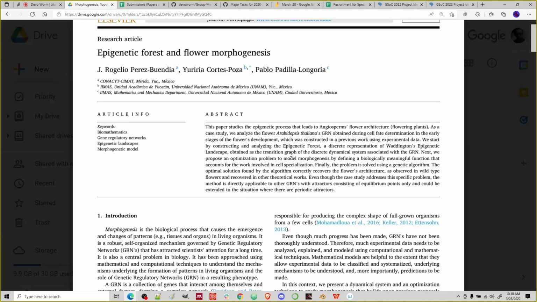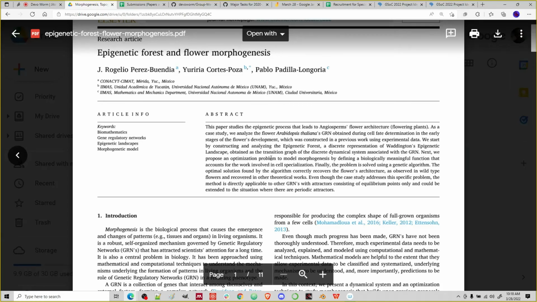And this is obtained as the transition graph of a discrete dynamical system that they associate with this genetic regulatory network. So the GRN is this system that produces dynamical outputs, and they can use what they call a DDE, or a discrete dynamical set of equations, to model that.